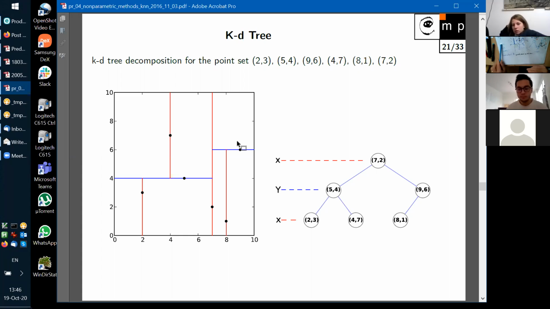So classical textbooks say it works up to dimension D of 10. In computer vision, it's often used in much higher dimensions, like 128. And the point is that it's very unlikely for high dimensional data to be randomly, uniformly distributed in the space.